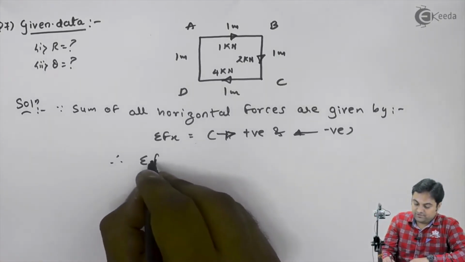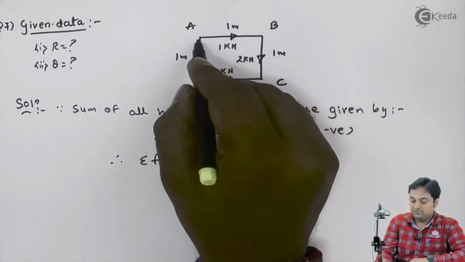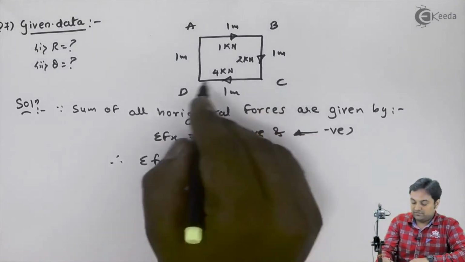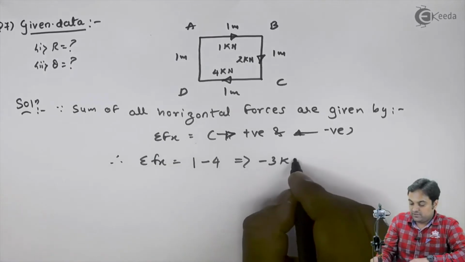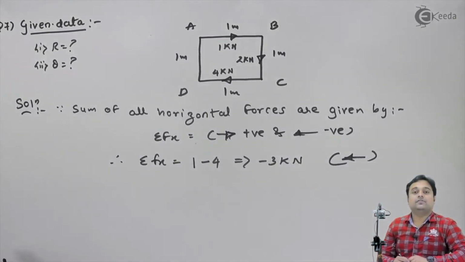Therefore, summation Fx will be equal to, I have 1 kilonewton as the rightward force, so 1 is positive, 4 is towards left, so negative. 1 minus 4 gives me an answer of minus 3 kilonewton, which means towards left. Summation of Fx is negative.